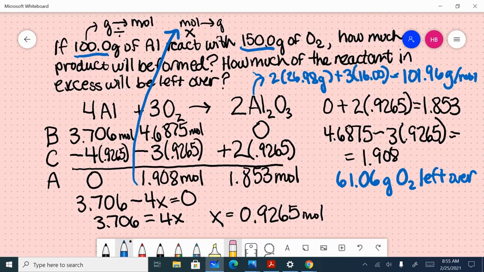So I take 101.96 grams per mole, multiply it by moles. That way the moles cancel out. And I get an answer to 4 sig figs of 188.9 grams of aluminum oxide. That's how many grams of aluminum oxide was produced. There is our first practice problem in limiting reactants with BCA charts.